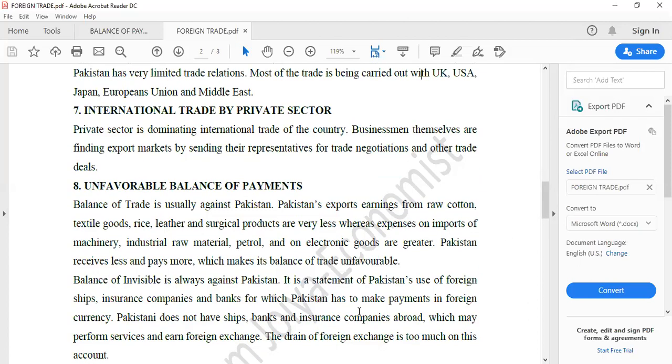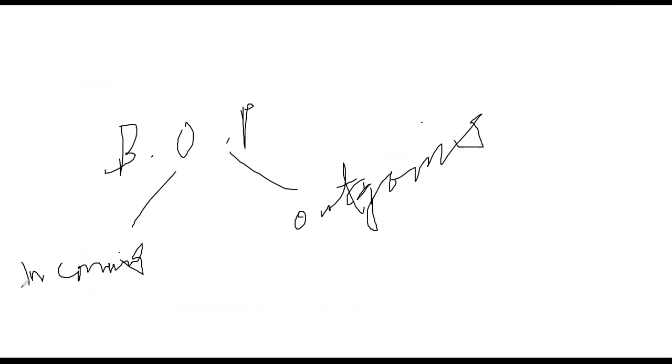Eighth is unfavorable balance of payments. The structure of balance of payments, BOP, is that there are two types of payments in BOP: incoming payments and outgoing payments. The incoming payments can be in any form. Let's say we earn through exports; the bill we receive through exports are incoming payments.